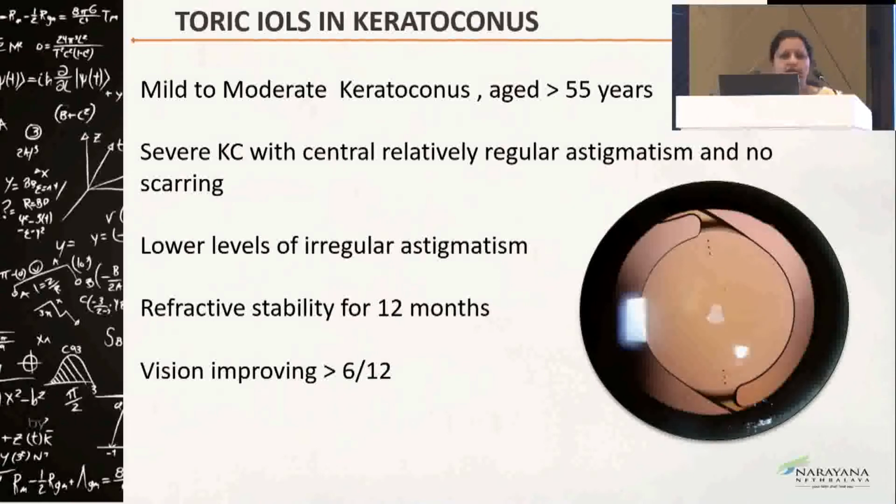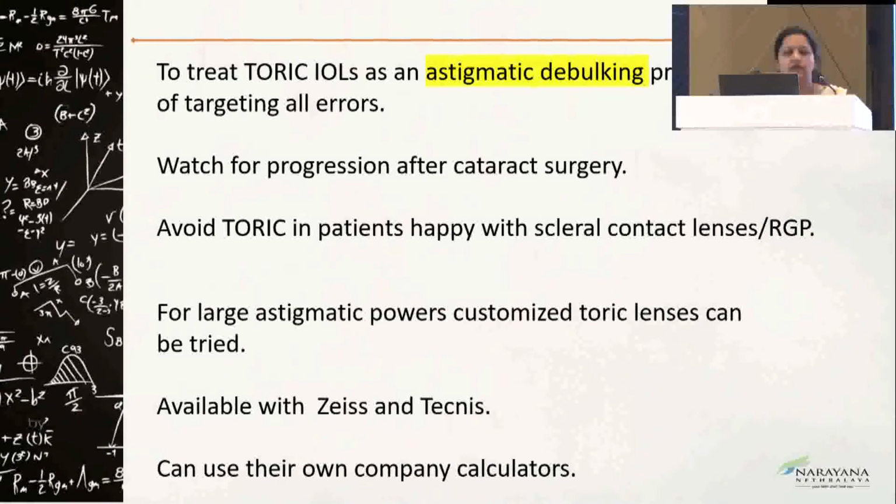Coming to toric IOL in keratoconus, in mild to moderate keratoconus with a relatively regular central astigmatism, toric IOLs can be given as a choice. In patients whose vision can improve to better than 6/12, we have to tell the patient that it is just an astigmatic debulking procedure and we cannot correct the total astigmatism.